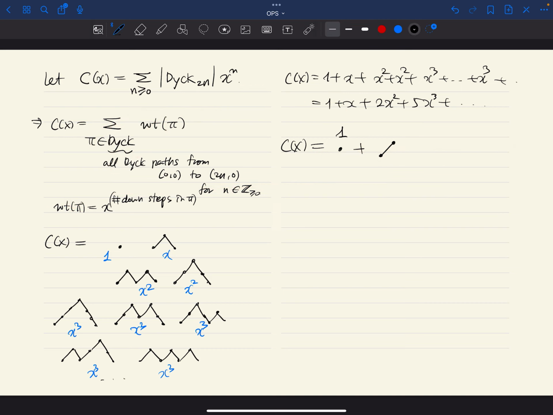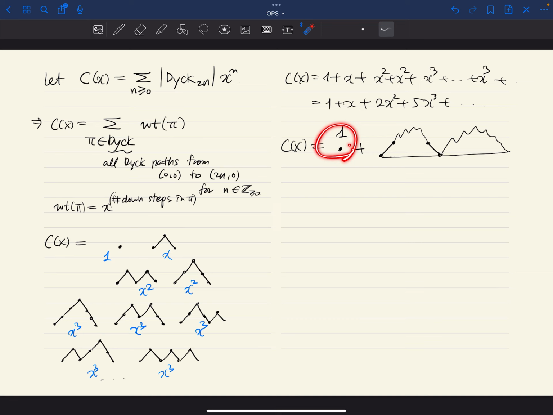So look at the first time it reaches the x-axis. We don't know when, but it will eventually reach. But this is not the end, right? This is the x-axis. It may continue, so it may go something like that. So every Dyck path looks like this.